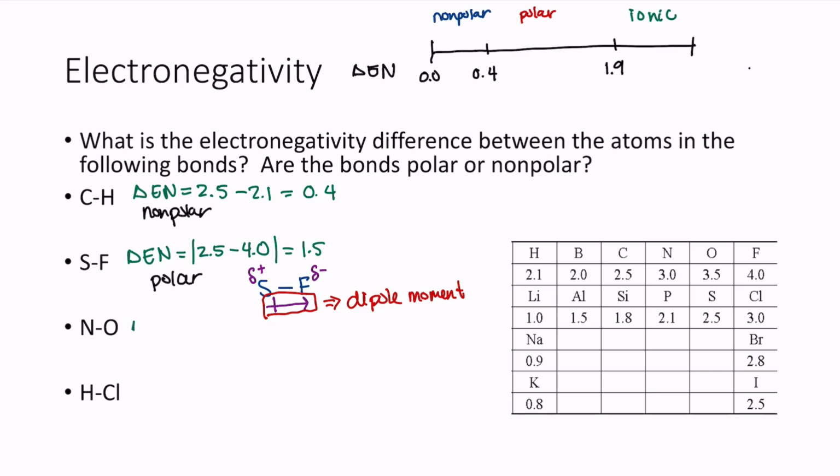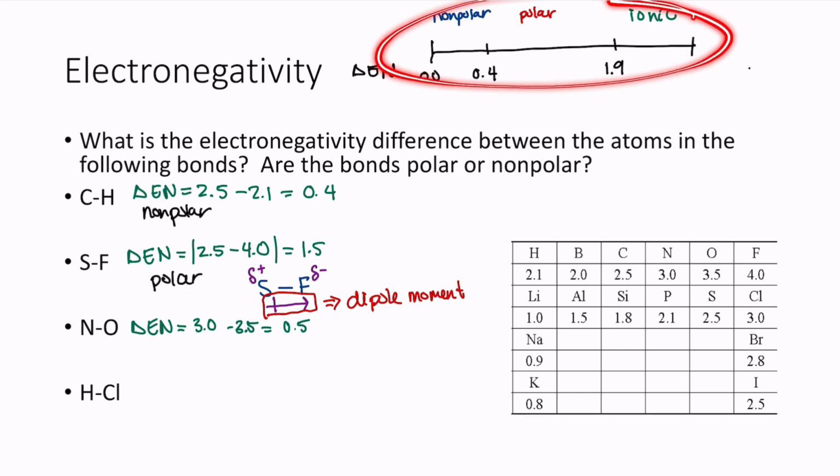If we look at the delta EN for nitrogen and oxygen, nitrogen is 3.0, oxygen is 3.5, so my delta EN is 0.5. I can look at my chart up here. It is going to lie in the polar region.